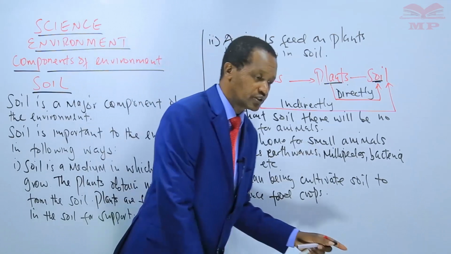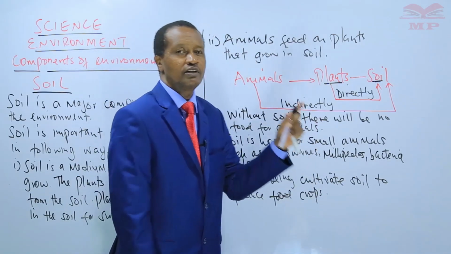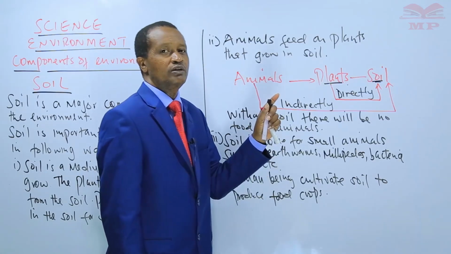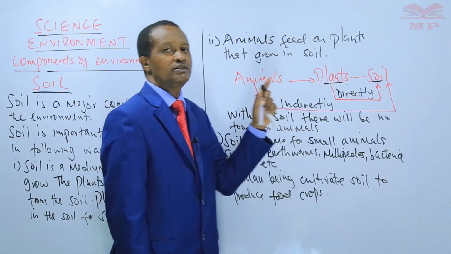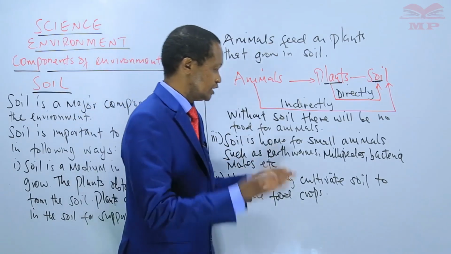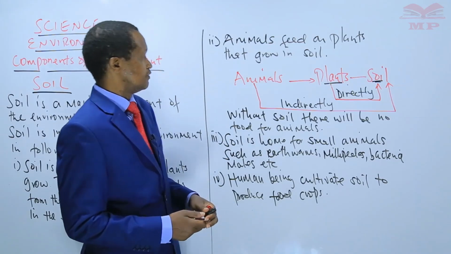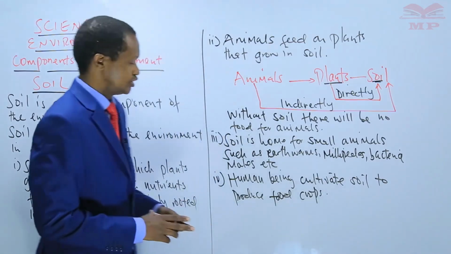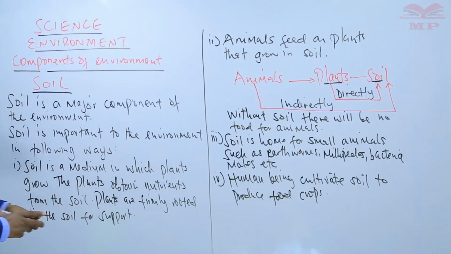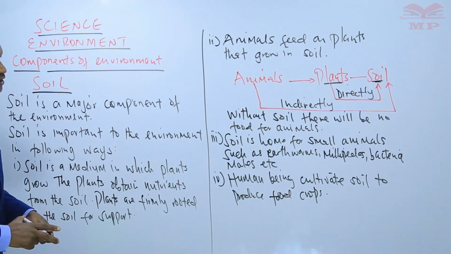We grow food crops like maize, millet, cassava, avocado, beans, and so on. Those are the foods that we need for survival. So, learners, these are four ways in which soil is important or useful to the environment.